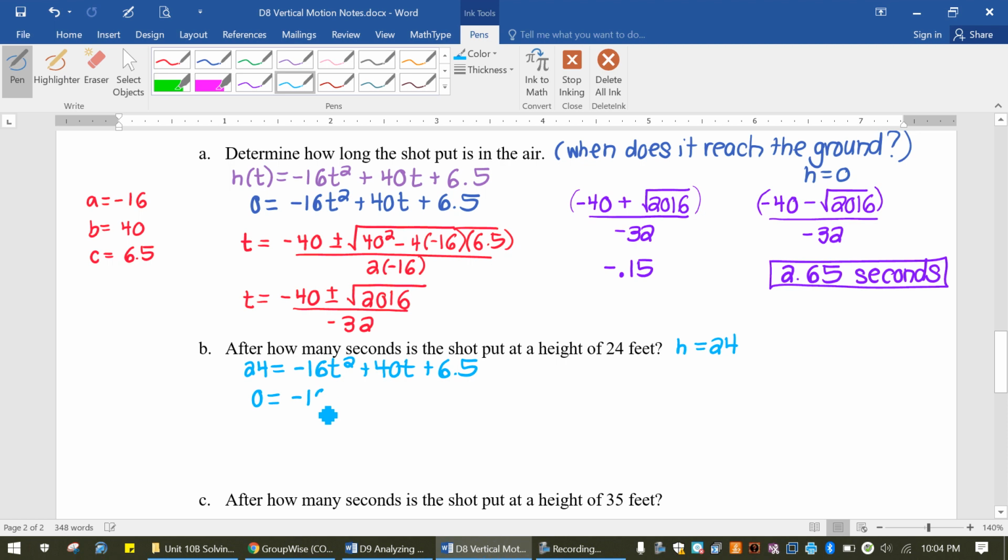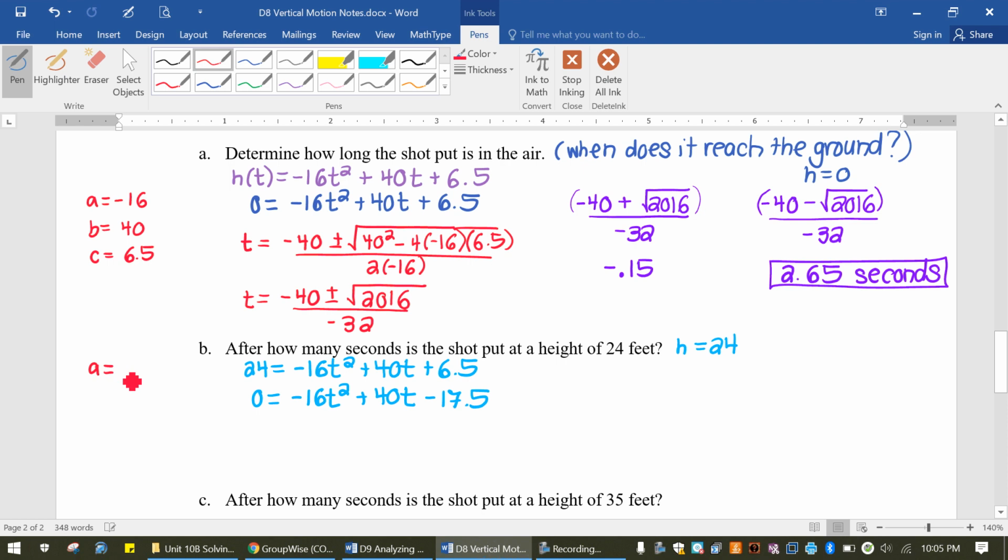So if we do that, negative 16t squared plus 40t, and then 6.5 minus 24 is going to be negative 17.5. And then just like part A, we're going to use the quadratic formula.